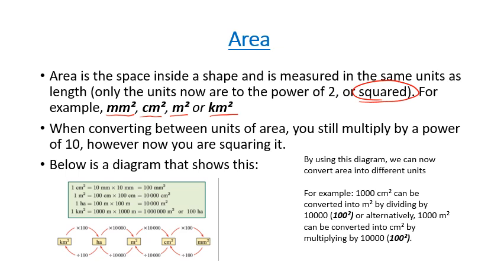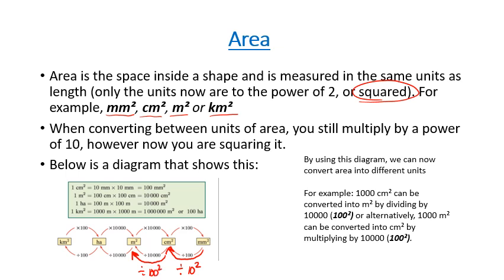So as an example, millimeters squared to centimeters squared, if we're going this way, we divide by 10 squared, because normally with length you would just divide by 10, but with area it's going to be 10 squared. If we're going from centimeters to meters, normally we would divide by 100, but because we're looking at area, it's got to be 100 squared.